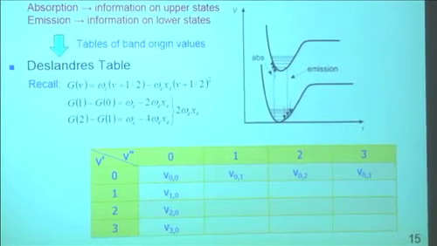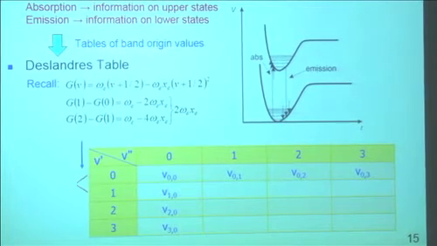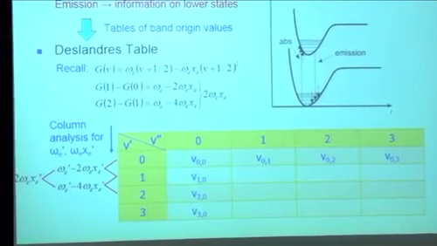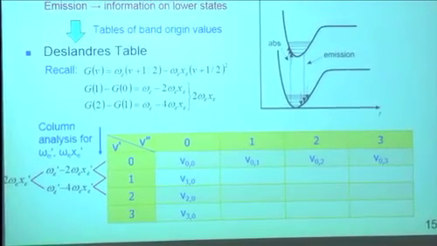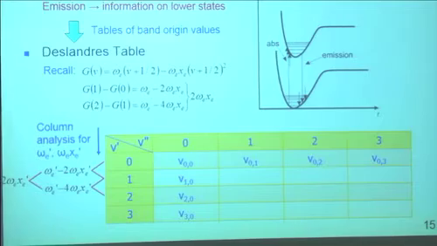And so on. And so you can find the values of each of these things, but when you look at these, you see that these differ by 2 omega XE. So again, we recognize that with the anharmonic model, if we're harmonic, all of these numbers would be essentially the same or constants, except this would be double.